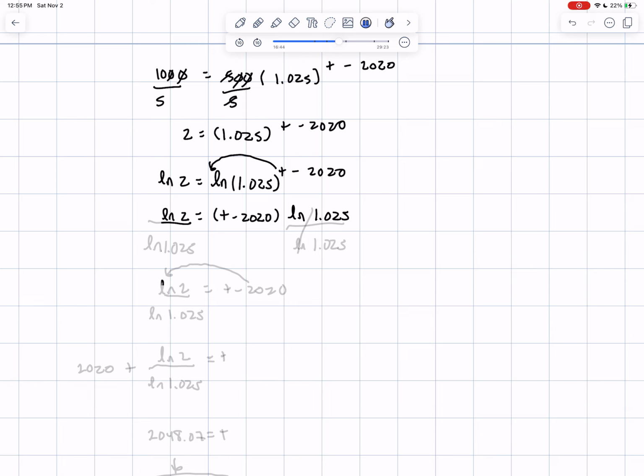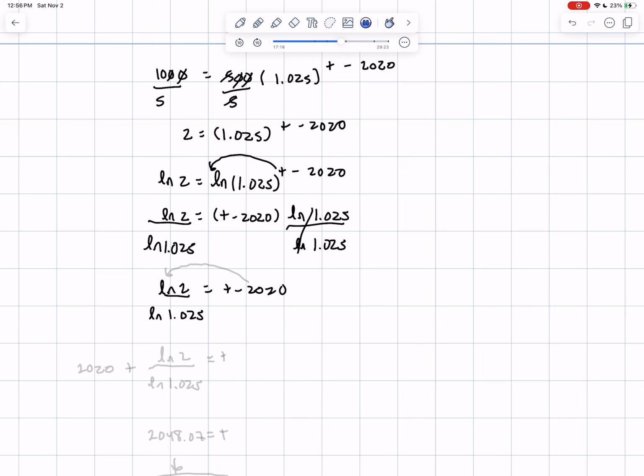But now I want to get t by itself, right? So I'm going to divide this guy. I'm going to move that guy over. So now it's gone. And then I have the t minus, so then what can I do?